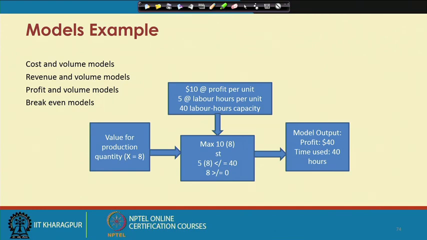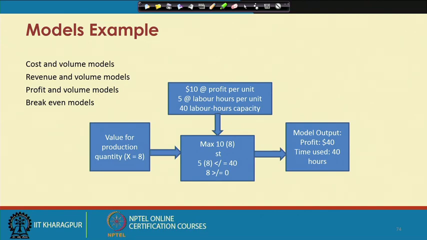Accordingly the modeling structure will be like this: maximize x subject to the labor constraint, and then some kind of restriction. For instance, the restriction here is that your output cannot be negative. That is why we are putting x greater than or equal to 0. As a result the model output will be profit.